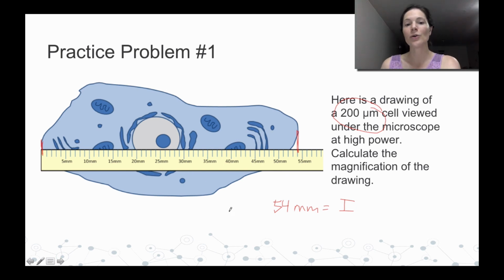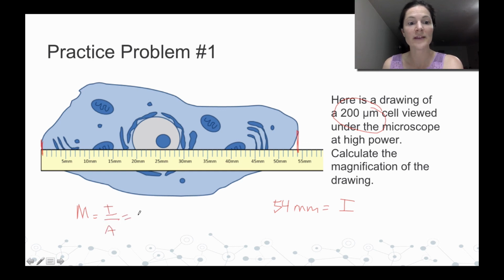I'm going to show you, because on the next page, there's the way that you could put these two units in the same unit. So let me try this. Magnification equals the image over the actual.